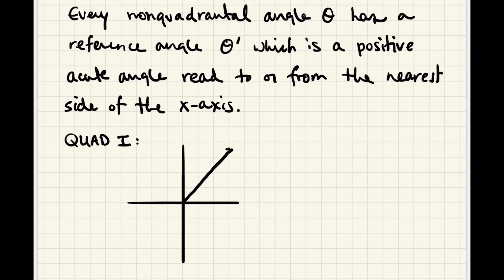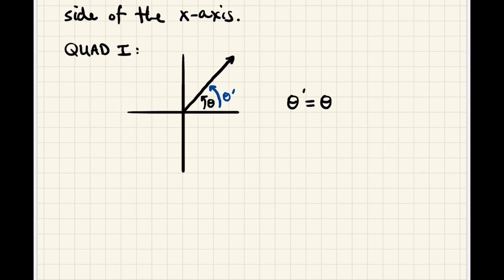So suppose we have an angle theta here. Then its reference angle would be between the terminal side and the nearest side of the x-axis. So actually that would be exactly the same thing as angle theta. So in quadrant 1, an angle is its own reference angle. Okay, well, let's look at quadrant 2.